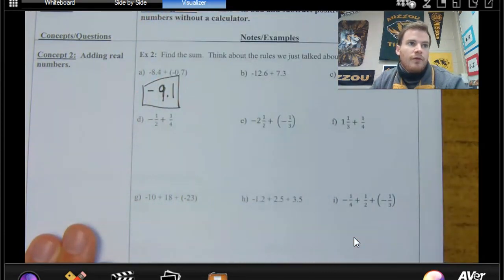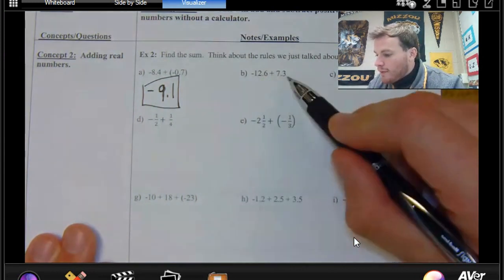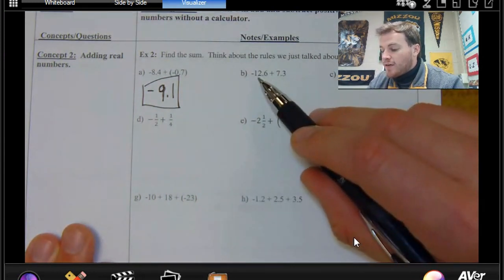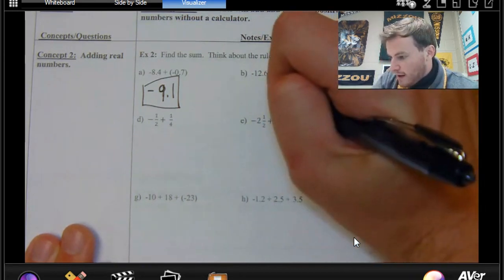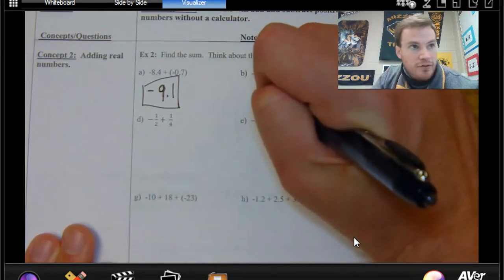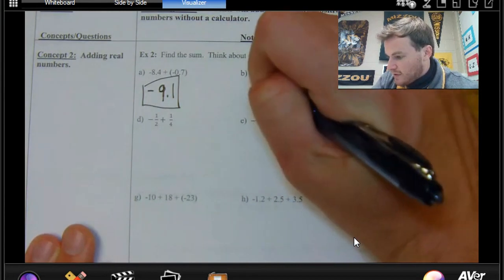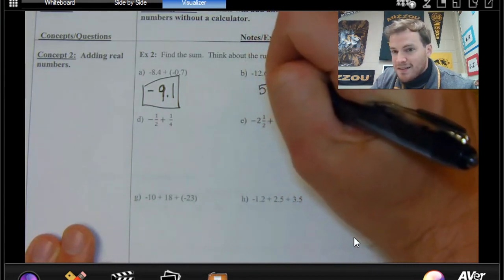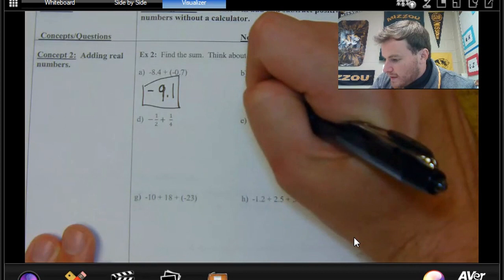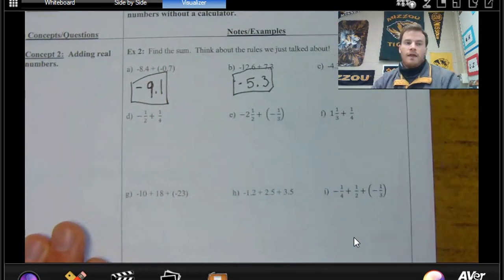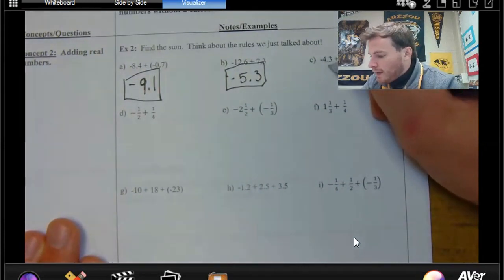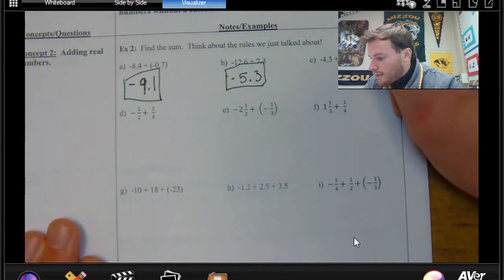Number 2, we have a negative and a positive. We subtract 7.3 from 12.6, which gives us 5.3. Since the negative 12.6 has a larger absolute value, we keep the negative sign. Next, negative 4.3 plus 10.